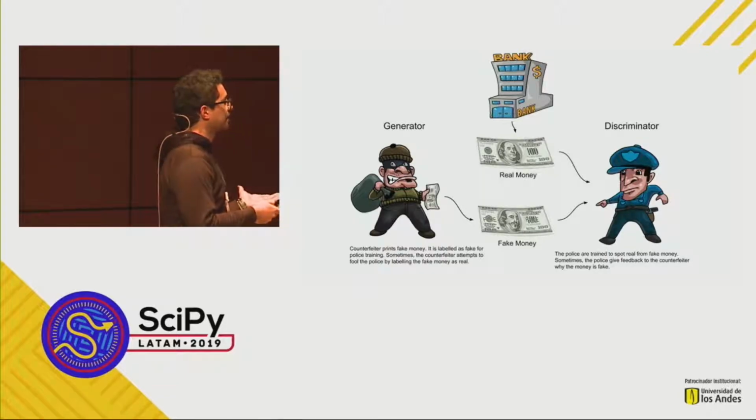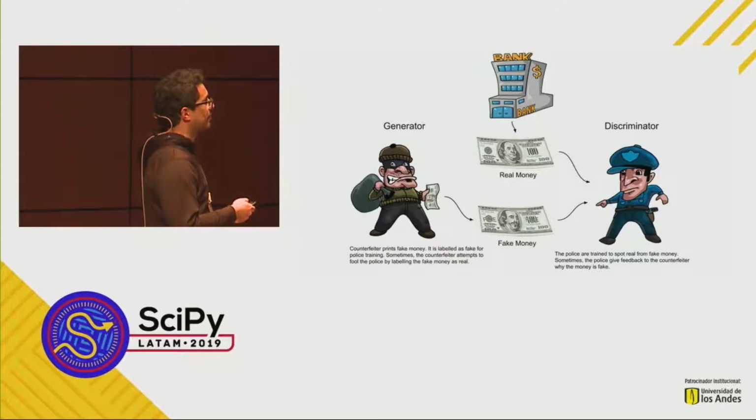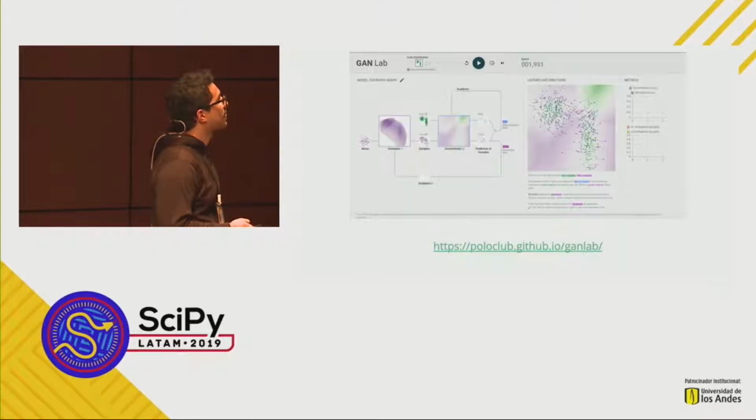If we assume that they have unlimited capabilities, they both get better as they train. At the end, the generator is going to create fake money, and you can't see the difference between both of them.